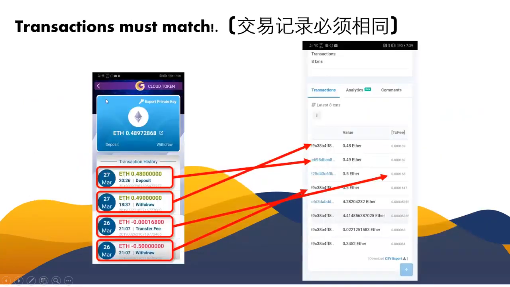The second thing that you need to check is that the transactions must match. This clearly shows that we are reading from the chain itself. So if you look at it this way, on the 27th March, I have this 0.48 deposit. So you have this here and 49 here, and we have a gas fee and a withdrawal.